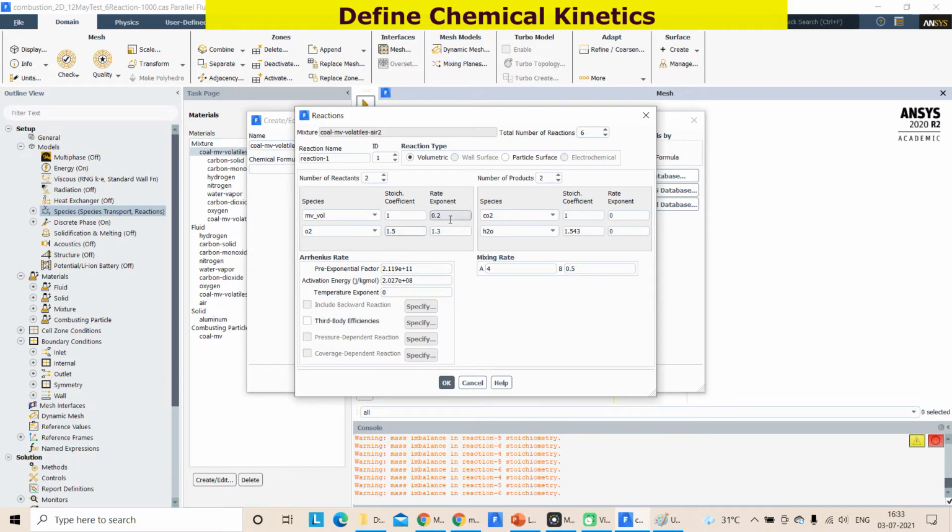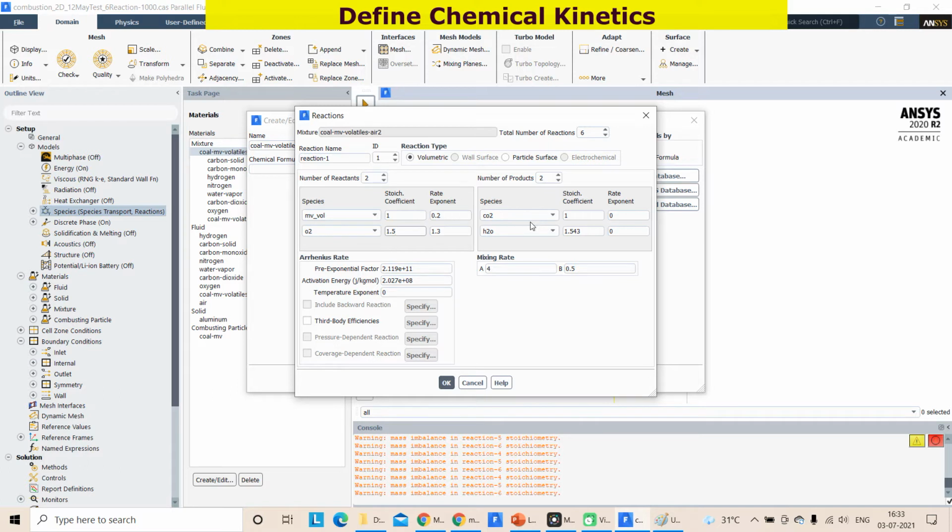This rate exponent coefficient is something we can give if you have a separate rate exponent. These values are based on some experimental data, or they are fixed, like thermophysical properties.